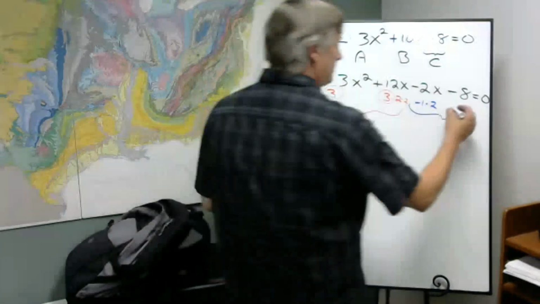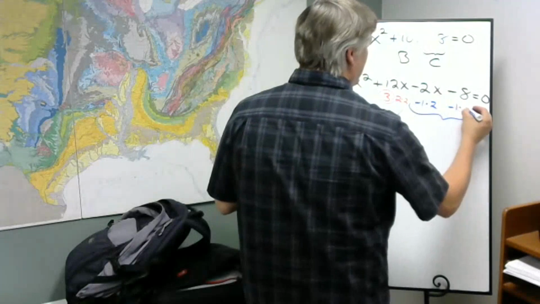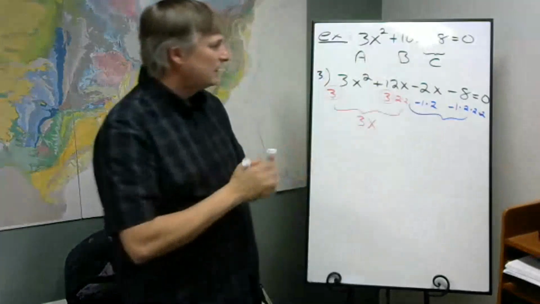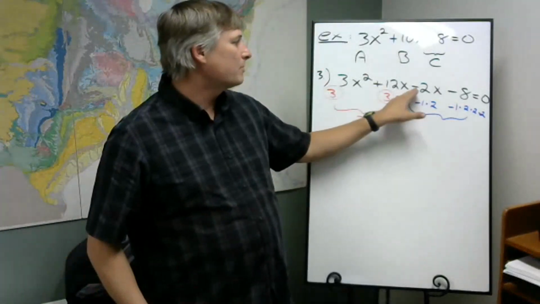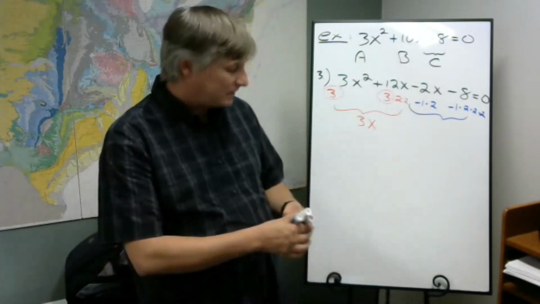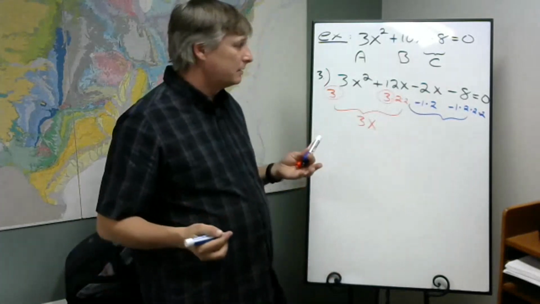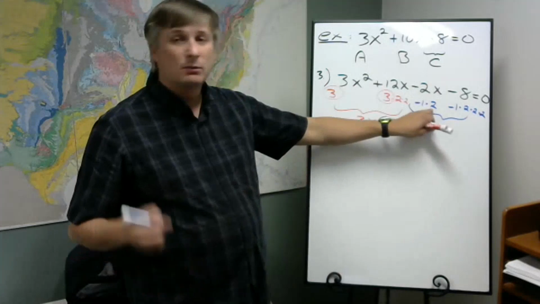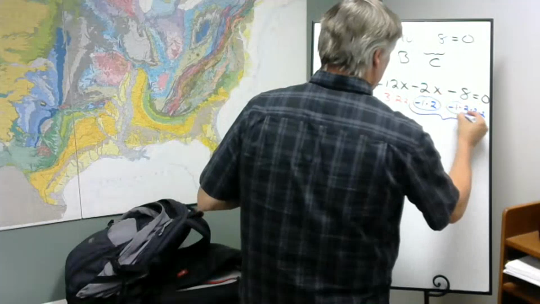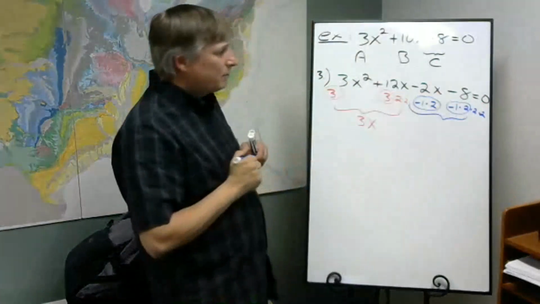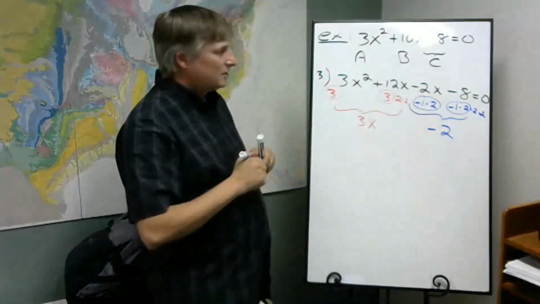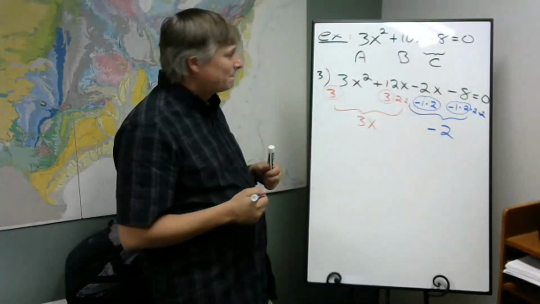Instead of negative 8, negative 1 times 2 times 2 times 2. I'm letting negative 1 represent the negative sign. So what do we have in common here? Both of these have a negative 1, and both of them have at least one 2. So negative 1 times 2 is negative 2. So we're going to extract a negative 2.